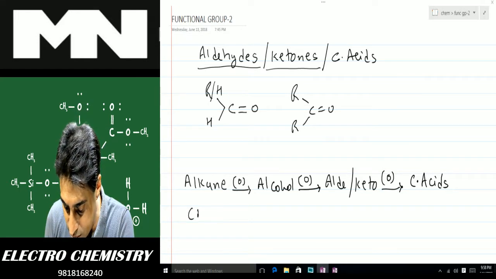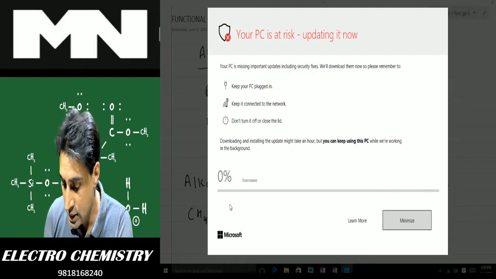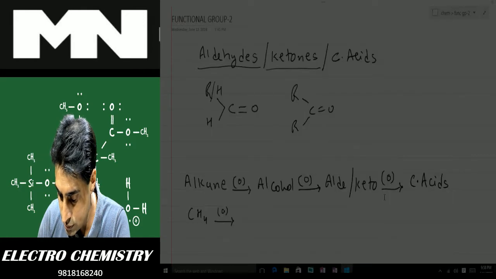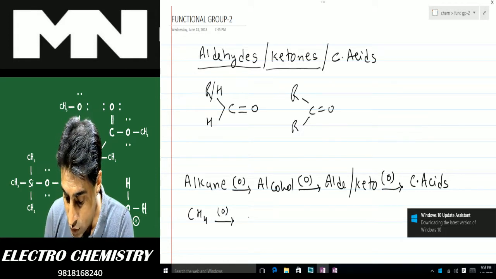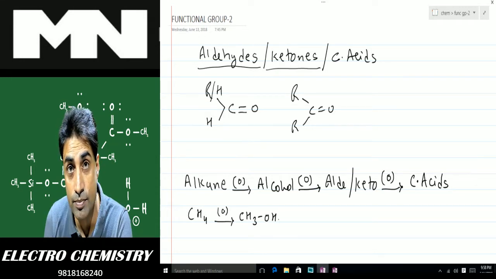Suppose I have methane. I am oxidizing it. Oxidation means what? It is simply the addition of oxygen or removal of hydrogen. So here in this case, I will get CH3OH because oxygen is getting added.